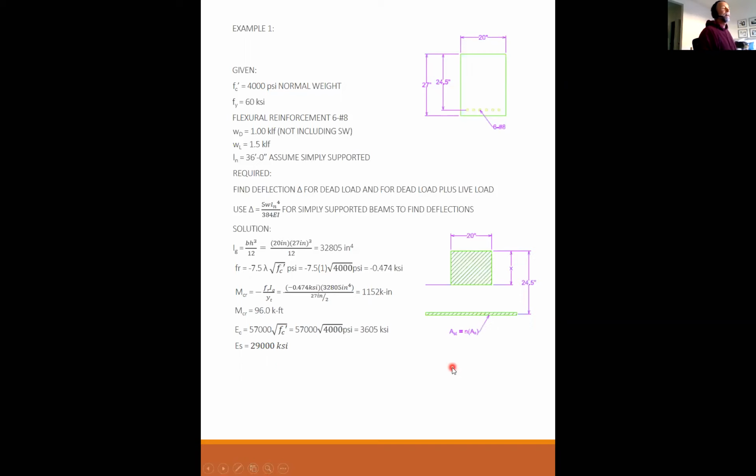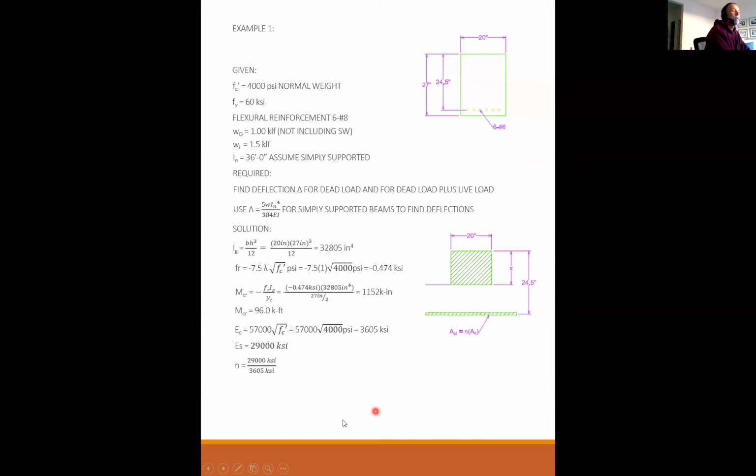And we need to find I cracked now. So remember from lecture 2, or lecture 3, we did how to find the moment of inertia of a cracked section. We balanced the first moments, so we have to transform the steel to an area of concrete and solve.